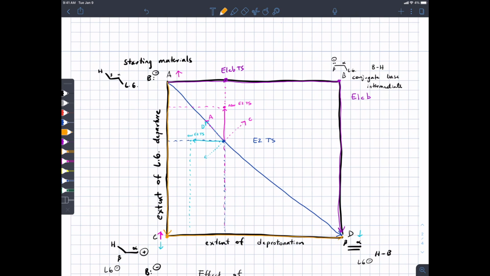Whereas if we pushed this transition state all the way over there, that would be this extent of leaving group departure without any deprotonation at all. So those are how we can navigate between those extremes, and hopefully by now you're thinking of these reactions in terms of a continuum of possibilities rather than discrete options.